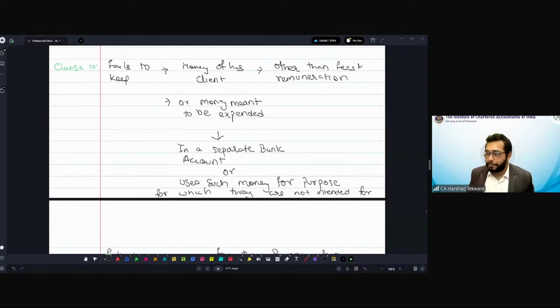Okay, let me tell you. When I talk about advance received by a CA in practice for his services, that advance falls under the definition of fees and remuneration. So advance for services is part of fees and remuneration, and hence clause 10 will not get attracted for advance for services.